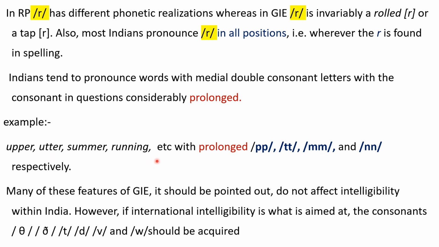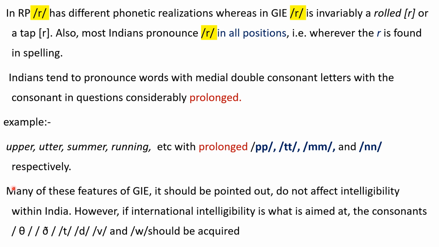In several Indian languages, Hindi, Telugu, Tamil, and Bengali, these are prolonged. So the double consonant letters in these words are prolonged, and you see PP, TT, MM, NN. In these letters they are prolonged.